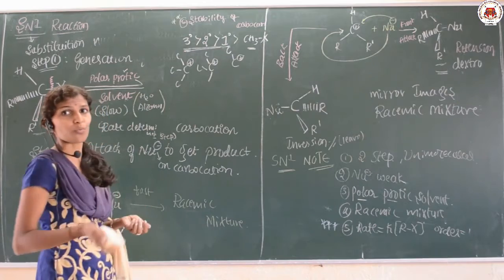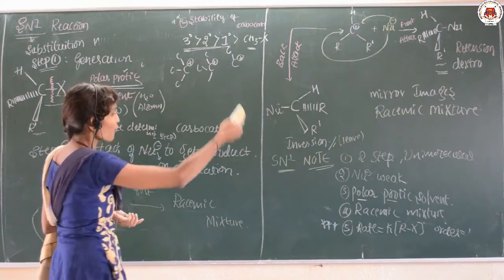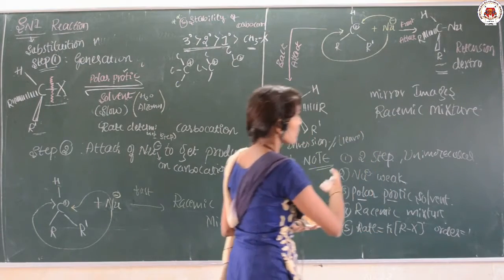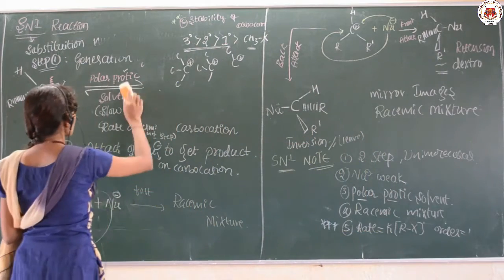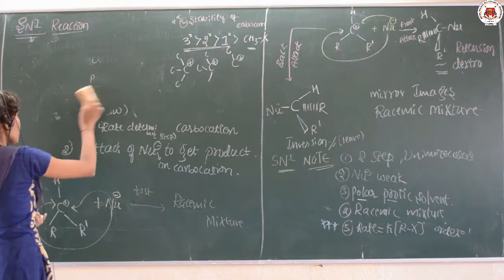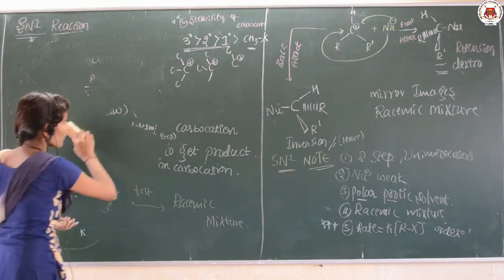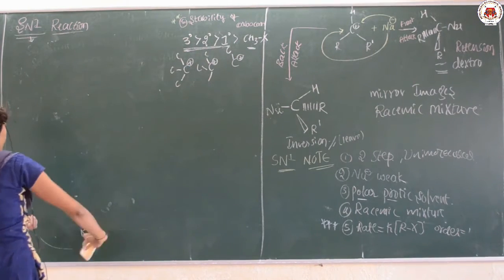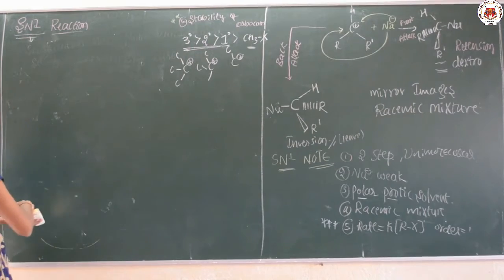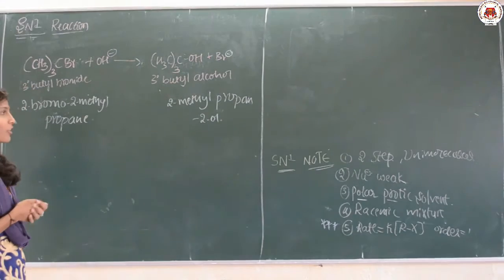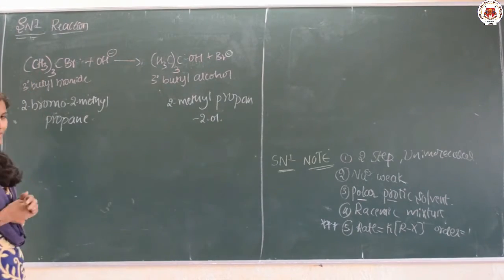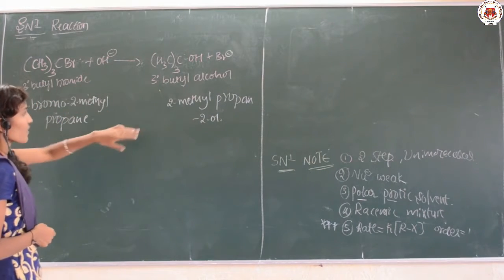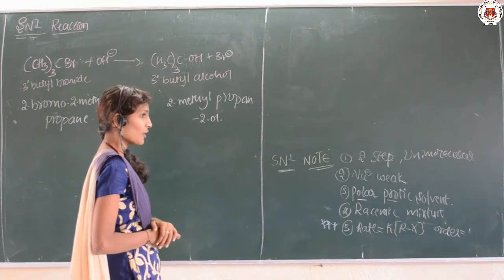So, this is how we can explain the points regarding the SN1 reaction; almost all the points are covered. Let us go for one example based on the SN1 reaction, so that you can understand it properly. Here tertiary butyl bromide is converted to tertiary butyl alcohol.